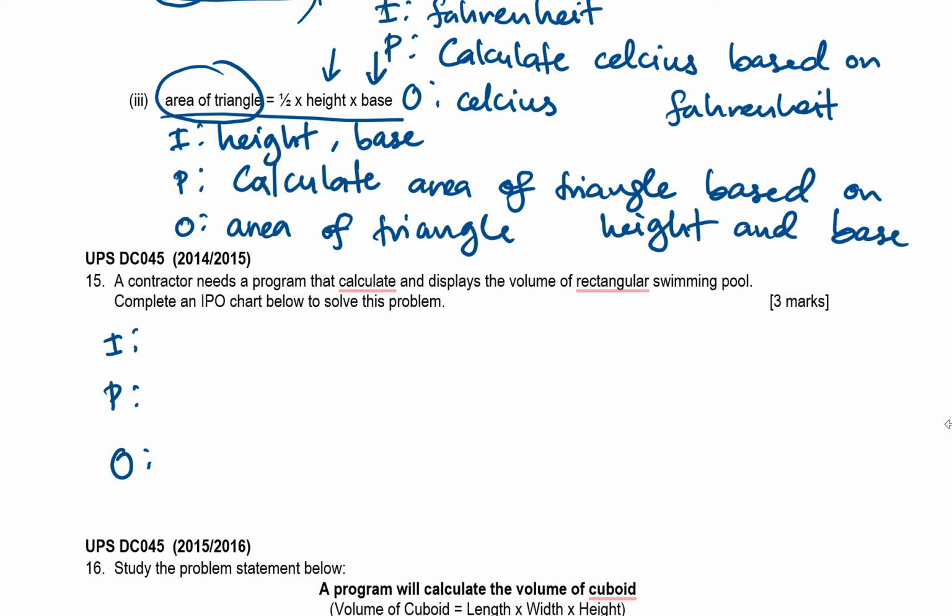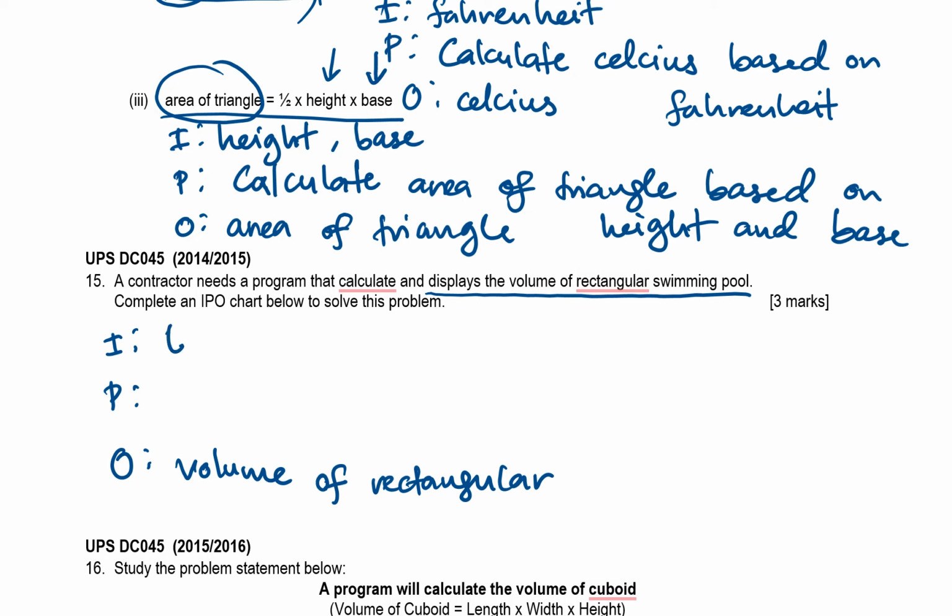Right? Okay, now, what are you going to display? So, of course, volume of rectangular swimming pool. If you want to write in a full sentence, it's up to you. Now, to calculate and display the volume of a rectangular swimming pool, what do you need to enter?